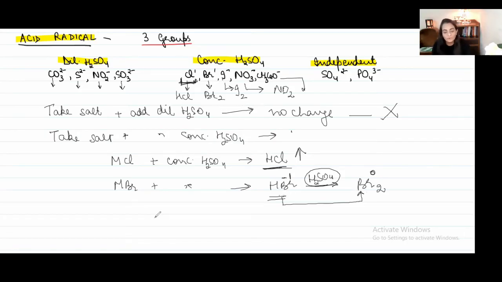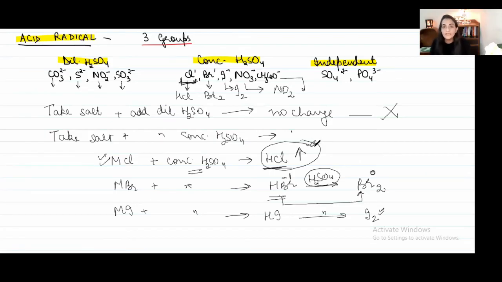Vapors are observed, right? So if you have metal iodide and concentrated sulfuric acid, then again with sulfuric acid, it's going to liberate iodine, which is a sublimable solid, observed in the form of violet colored vapor. So this is very important for viva, for JEE, for NEET, for all exams. When to a metal chloride you are adding concentrated sulfuric acid, it's HCl that we observe and not chlorine.